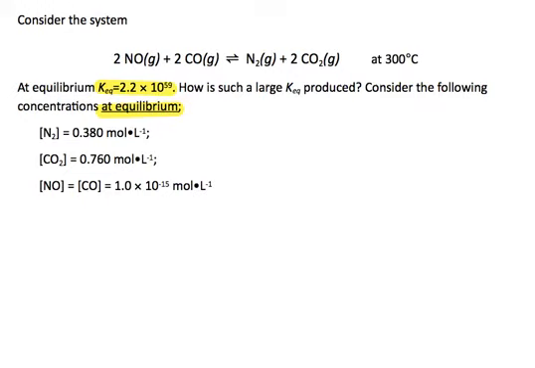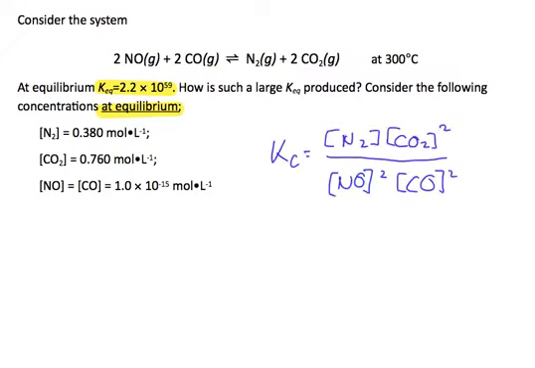Alright, so hopefully in that 20 seconds you came up with a plausible equilibrium expression. It should look something like this. Equilibrium constant k equals concentration of nitrogen times the square of the concentration of carbon dioxide, the products, divided by the square of nitrogen monoxide times the square of carbon monoxide, the reactants. Okay, so there's our typical equilibrium expression.